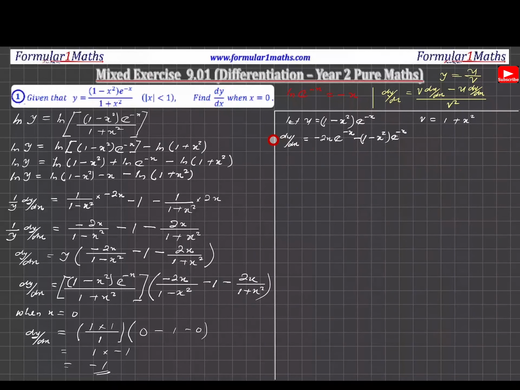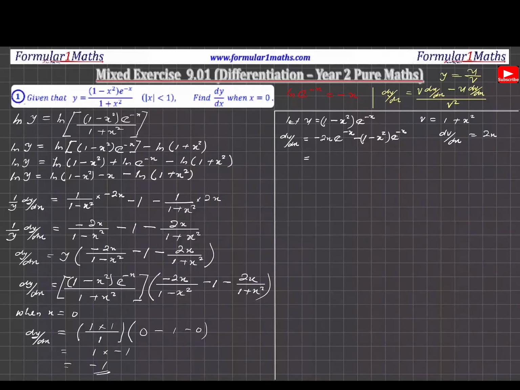So now I've got du dx as that. Now I need to do dv dx. So dv dx is equal to 2x. I would like to simplify this one to make things easier. So I can factorize e to the power minus x out.